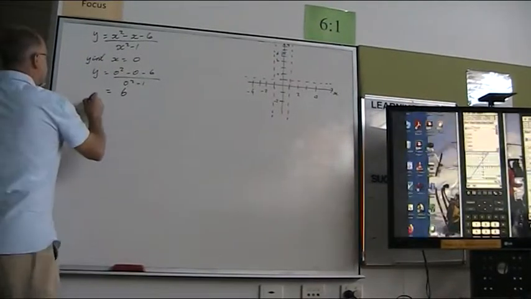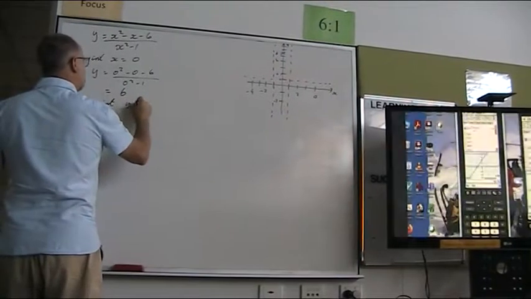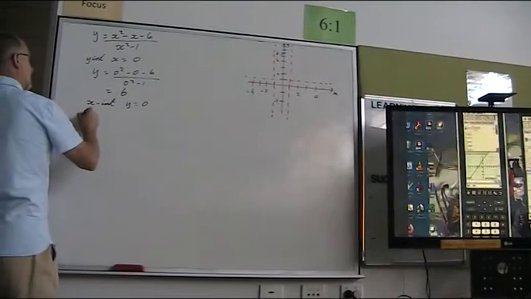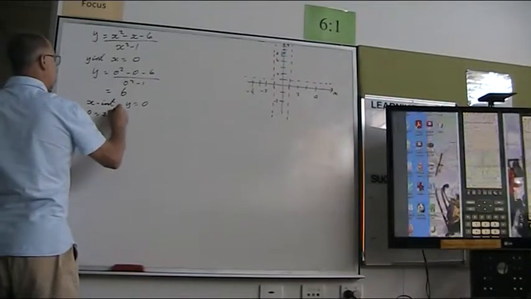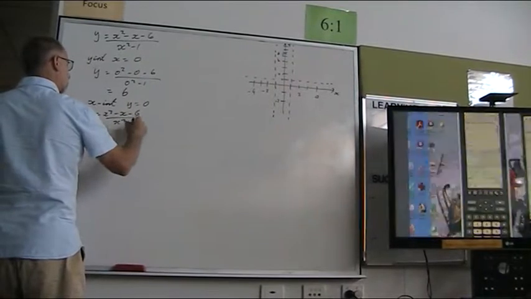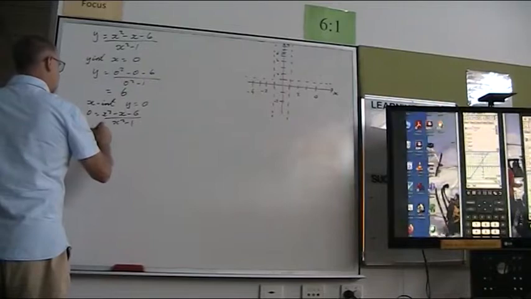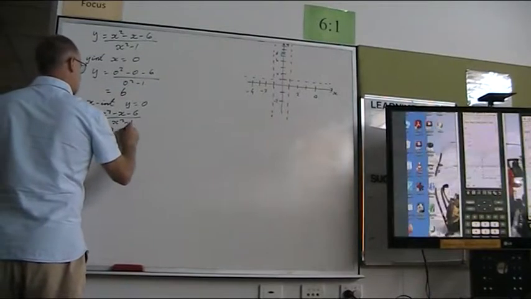Then for x-intercepts, y equals 0. And so 0 equals x squared minus x minus 6 over x squared minus 1. Times both sides by the x squared minus 1. You get 0 equals x squared minus x minus 6.